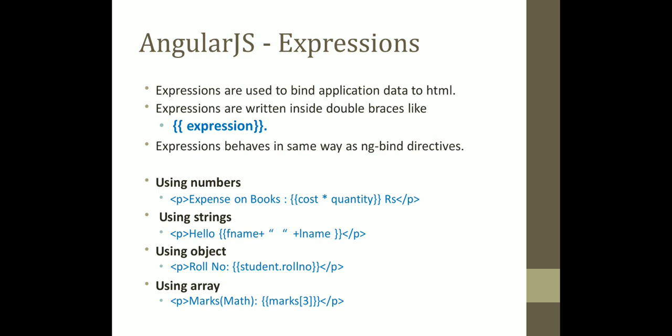If you want to define the expression with an object, you can write it like this: we have started the paragraph with a roll number statement, and the object is used as the expression, in double curly braces, student.rollno. You have already used these types in many programs, but using them in AngularJS is just a matter of change. So student.rollno is the object and you are expressing it as an expression, so you have to write it inside double curly brackets.